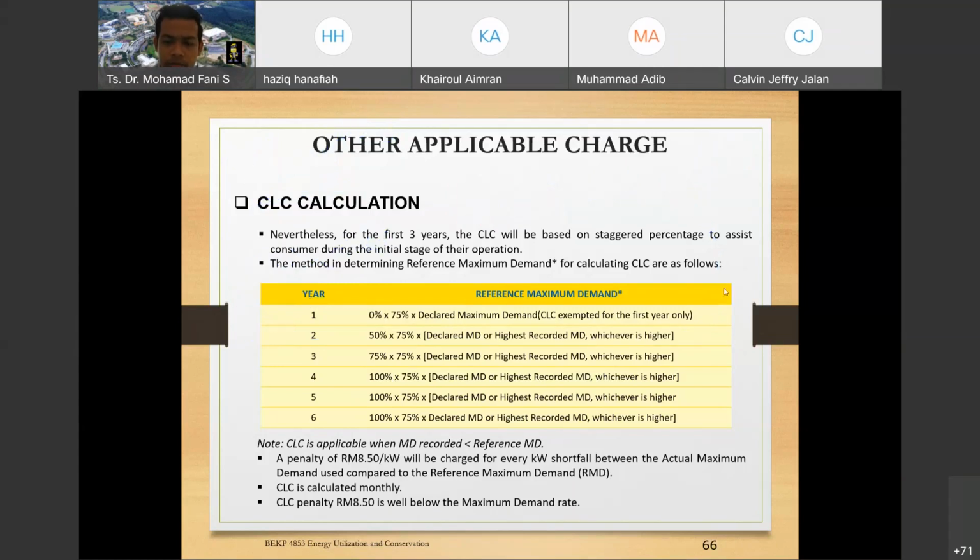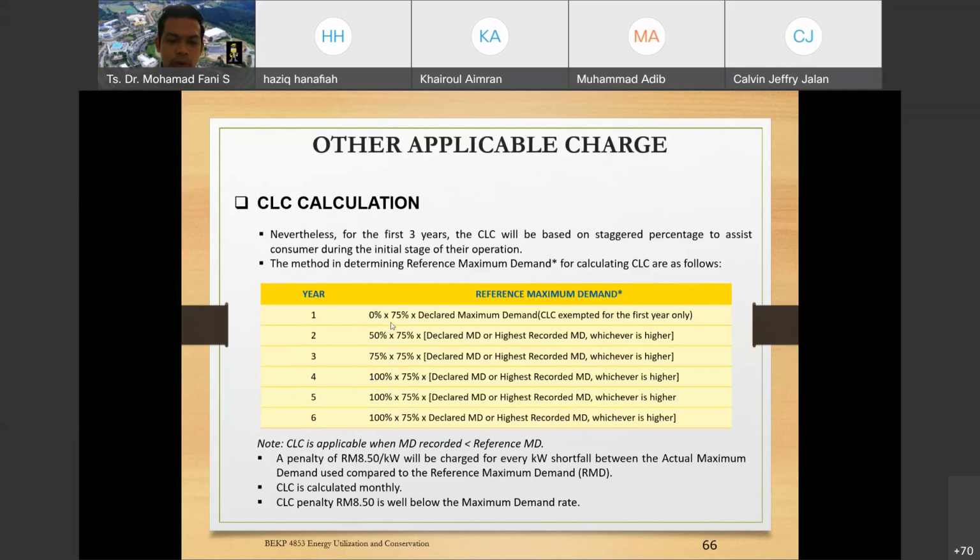Okay, the RMD calculation formula is different for each year. Year 3 is different, about 75%, and TNB considers that your operation must be 100% running for year 4. Year 4, year 5, and year 6 will be charged with fully 100% operation.